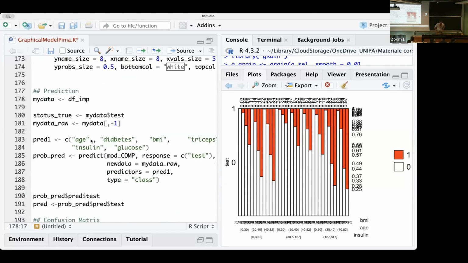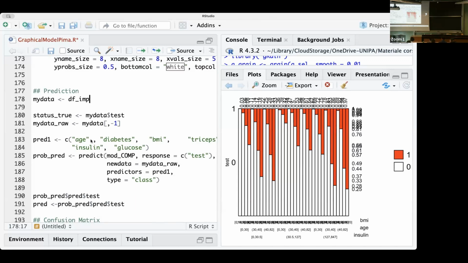Prediction. When you have a data set, you want to make a prediction, you can do it in a graphical model. And in this case, you want to make a prediction of the test. The function is this one, predict. Here you put new data, which means a new combination or an old combination of the data that you have.